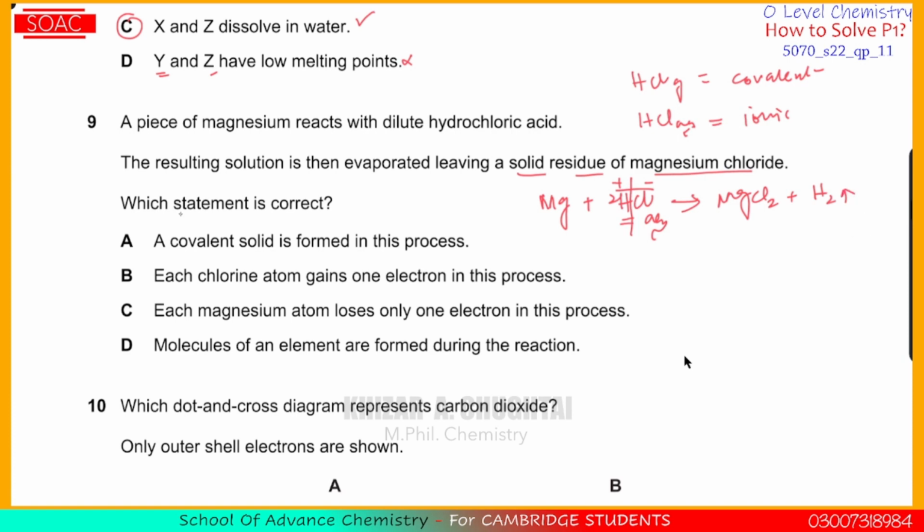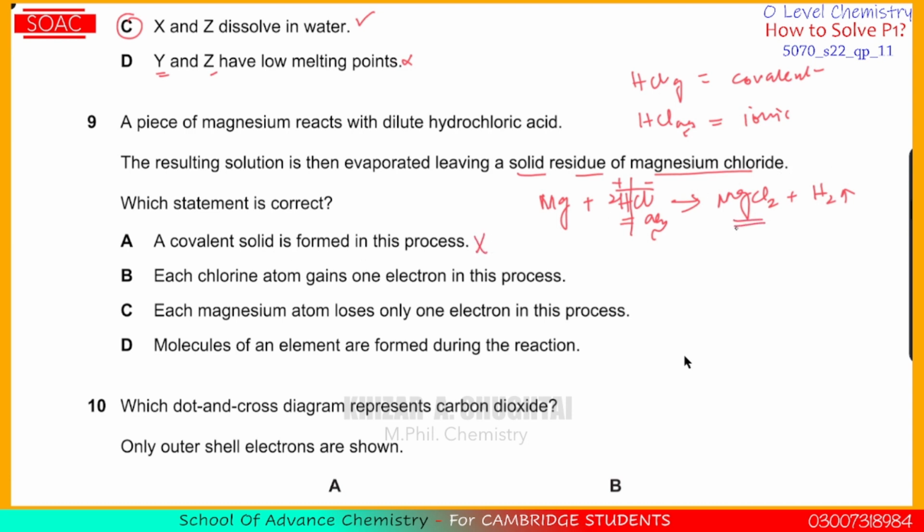Now come to the options. Which statement is correct? A covalent solid is formed in this process. Each chlorine atom gains one electron in this process. Each magnesium atom loses only one electron in this process. Molecules of an element are formed during the reaction. Number one, a covalent solid is formed. No, it is incorrect.